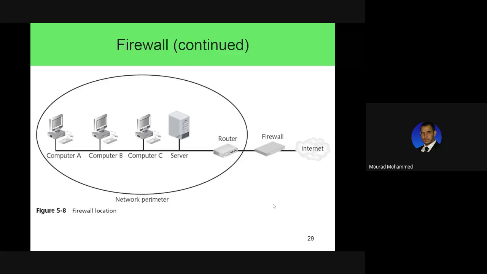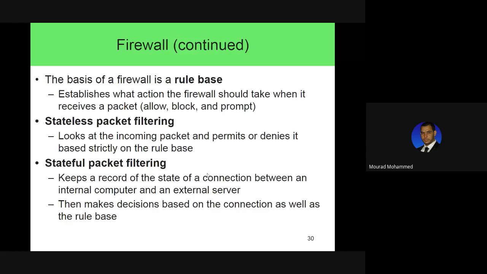So this is an example of a firewall and the perimeter of the network. What does perimeter mean? Means what comes after is only the public network. What comes before is the local network, the dedicated network considered to be secured.